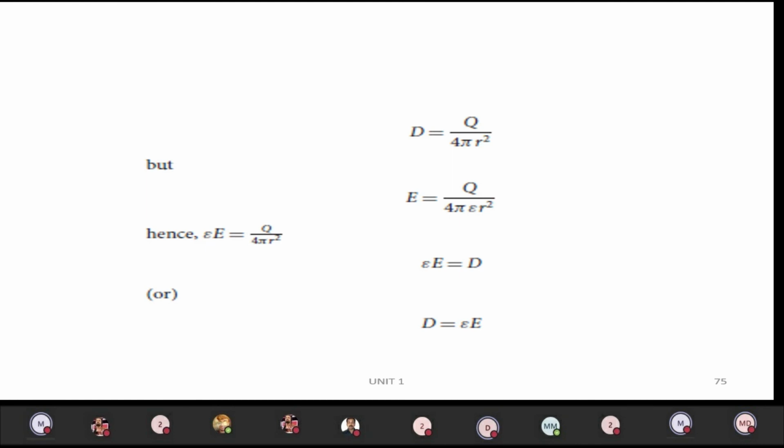A very important formula relating electric flux density and electric field intensity. The unit of flux density is coulomb per meter square.